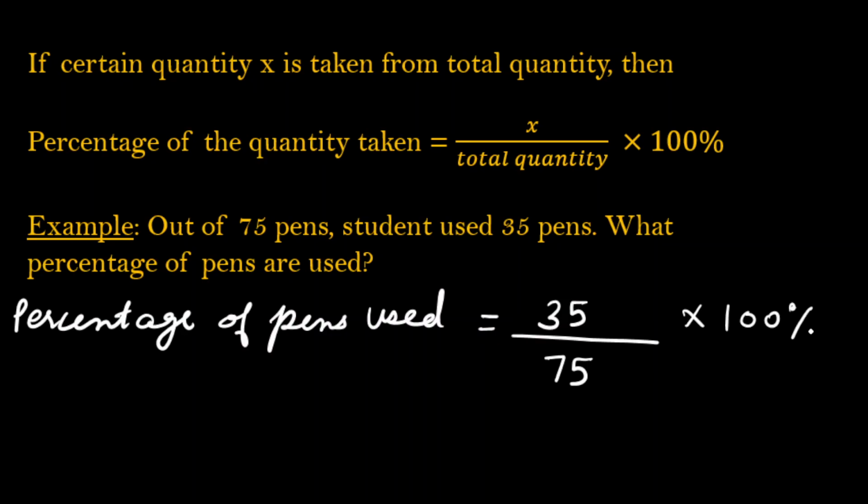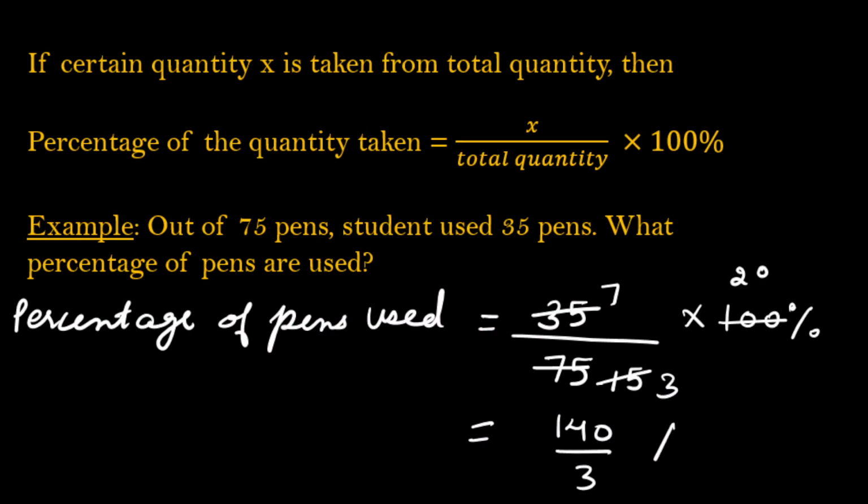Now we can do cancellation on 5's table: 5 into 7, 5 into 15, we can do cancellation. Now again we can do cancellation on 5's table: 5 into 3 and 5 into 4 is 20. So here we have got 140 by 3%.